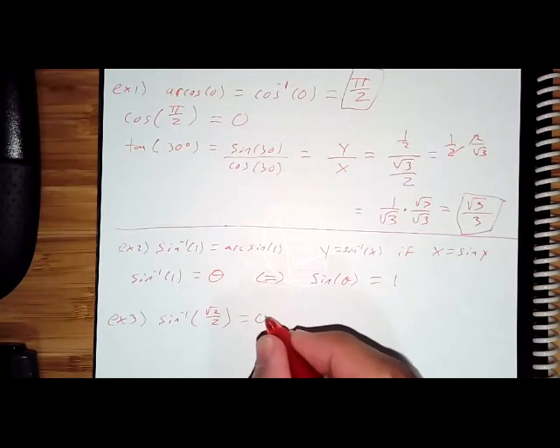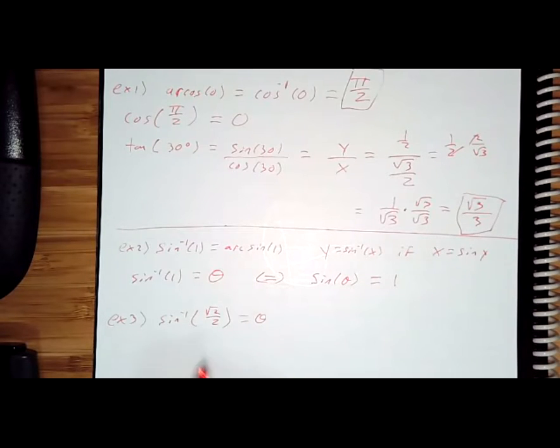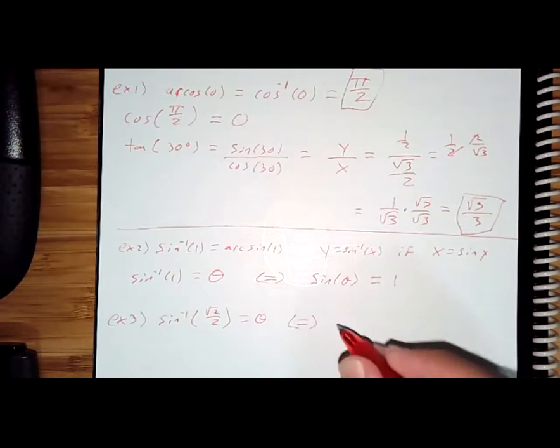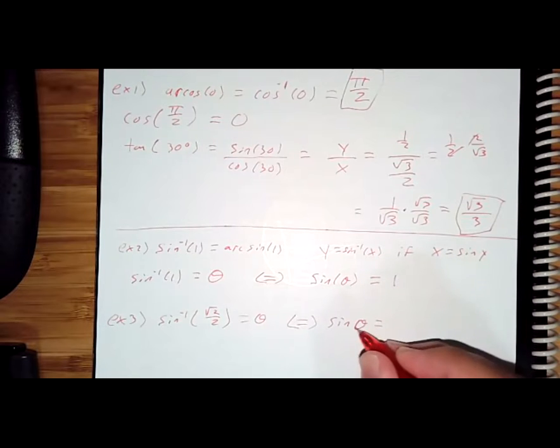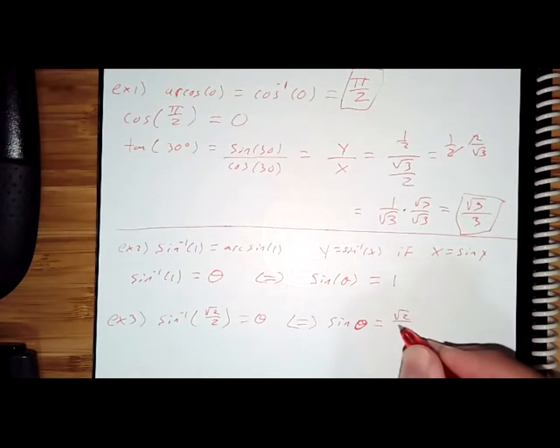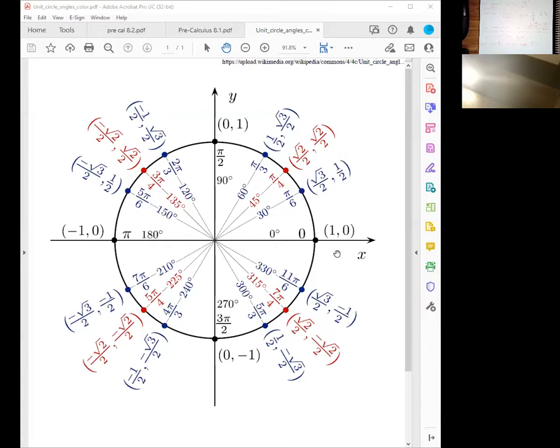What is the theta, the angle that does this? Pi over 4. Yeah, exactly. So if you were to use a definition, that's the same as saying sine theta, there exists some angle that makes the y value square root 2 over 2. So we go look for it. If we don't have it memorized, we just look up the circle. You say, okay, well, here's the y value. That angle is pi fourths. And that's all you do.